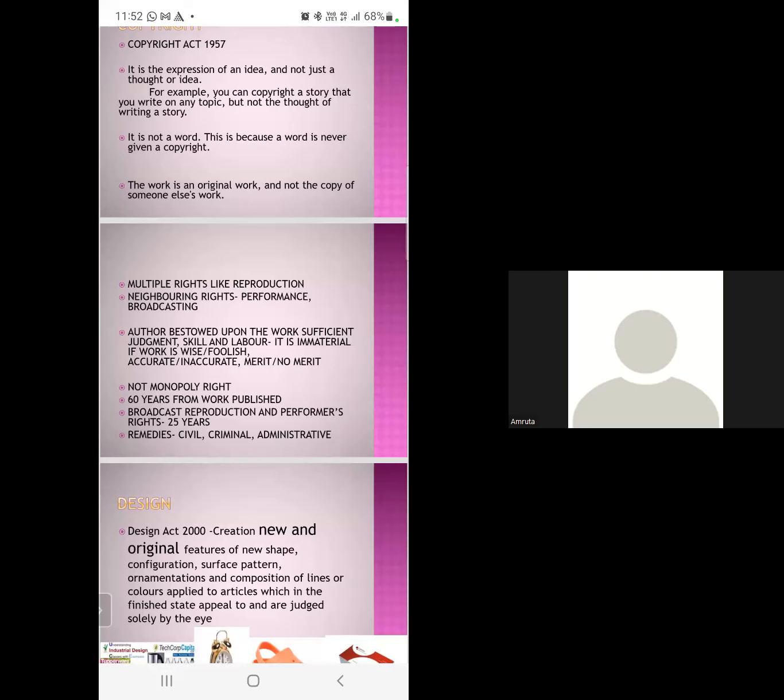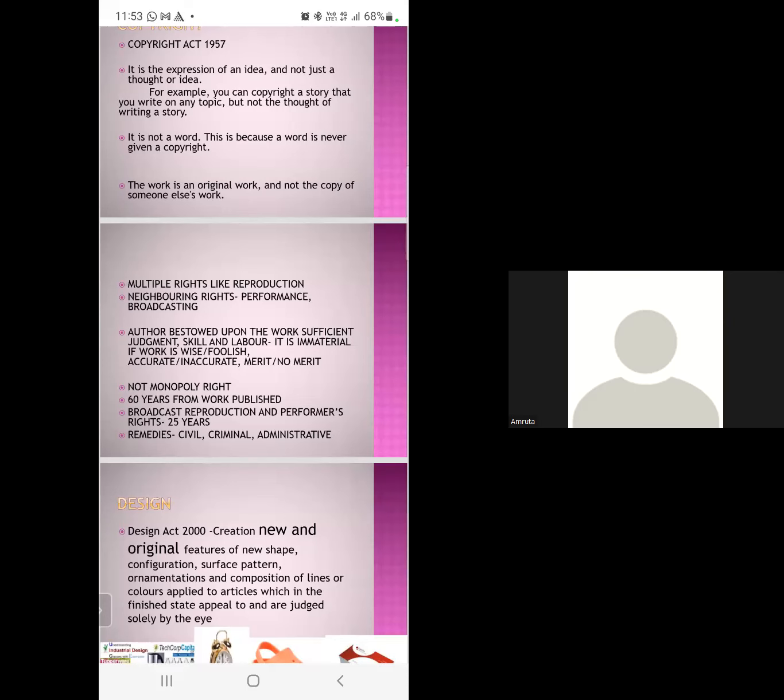You don't need to register the copyright. However, if you get it registered, it is easier for implementation. Publication in itself gives you the copyright. Unlike patents and trademarks, where you need to register, under the Copyright Act, once it is published, you are protected for 60 years.